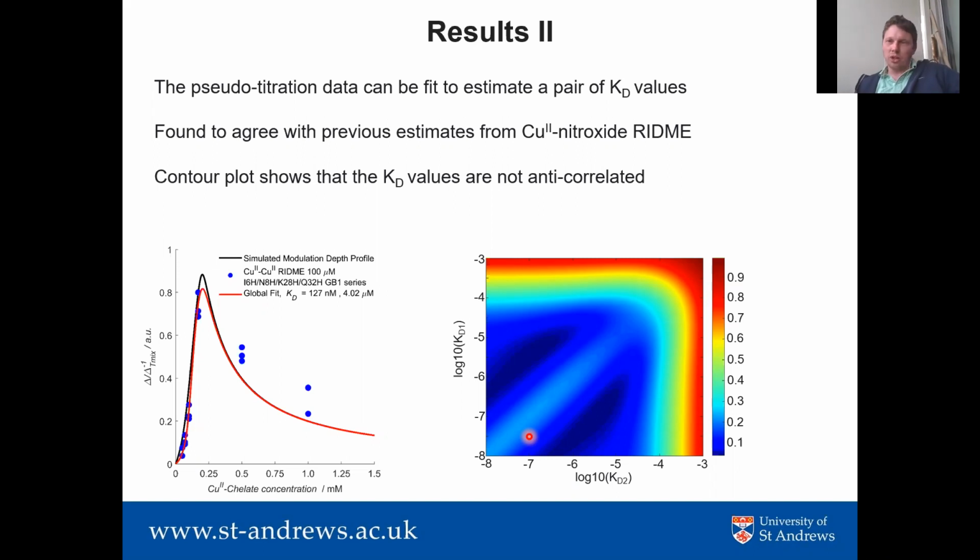Then the modulation depth should vary as a function of how many coppers are present in the vicinity during the evolution time. Meaning that you could get, not necessarily an accurate measure of how many coppers are there, but this would help you pin down how much non-specific interaction between your metal and your protein occurs, without dealing much with isotope labeling.